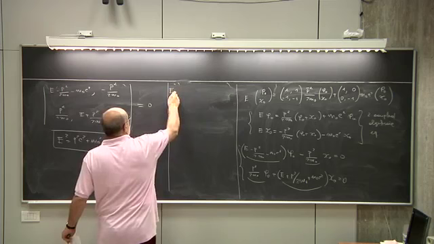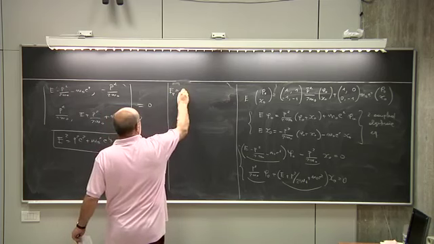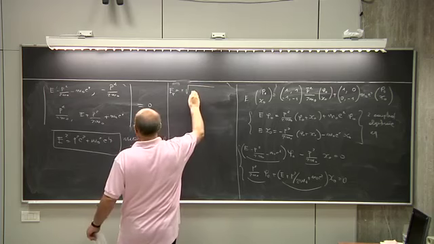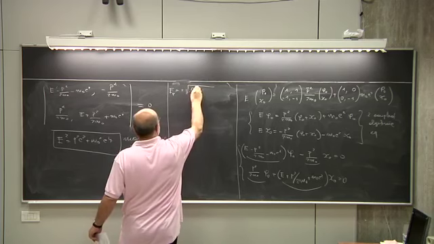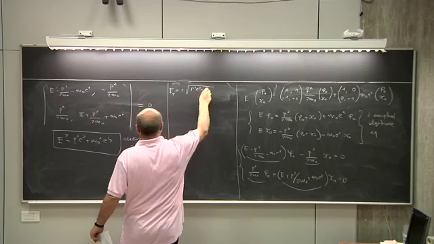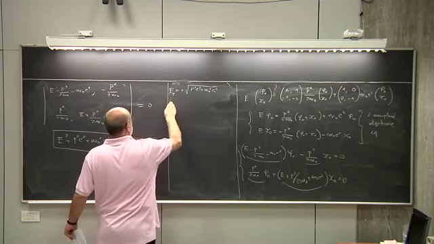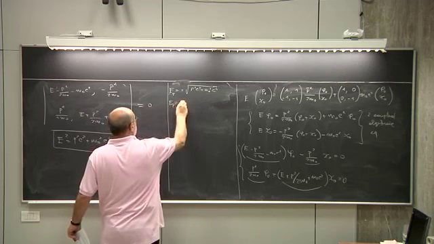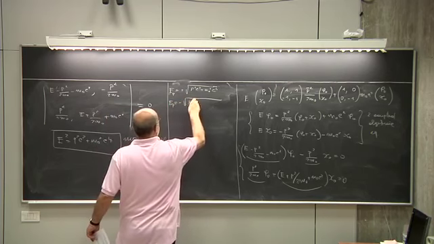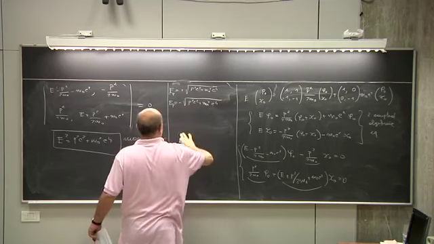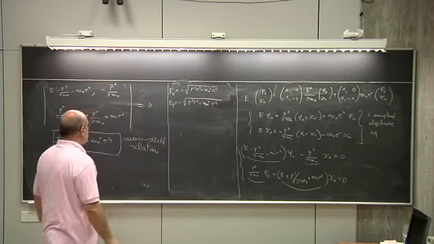One is E_P equal to plus the square root of p squared c squared plus m0 squared c to the 4, and this is the first solution. The other solution is E_P minus the square root of p squared c squared plus m0 squared c to the 4. So there are two cases.